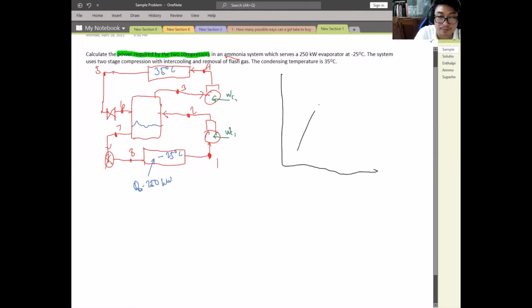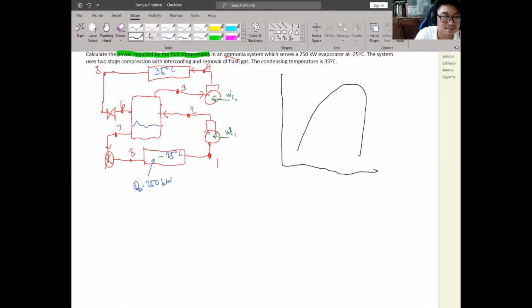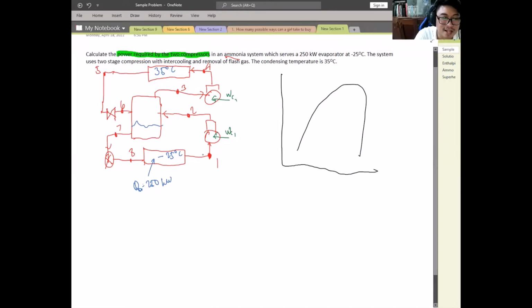So point 1 is after the evaporator, at the low pressure side: low pressure, low temperature. This is our lowest point. Then point 1 to 2 is the compressor.